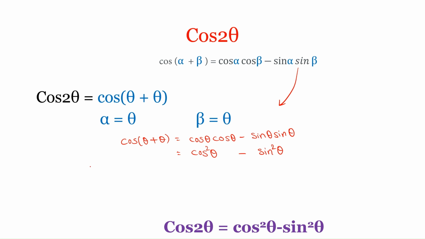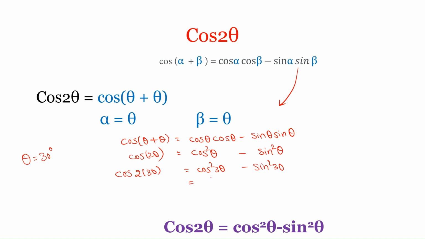Now also we can verify that, with theta equal to 30. Now just substitute this. So this is nothing but cos 2 theta. So cos 2 into 30 equal to cos square 30 minus sin square 30.